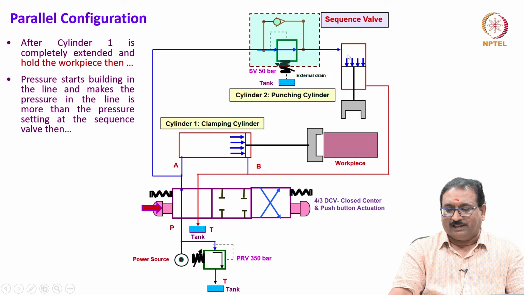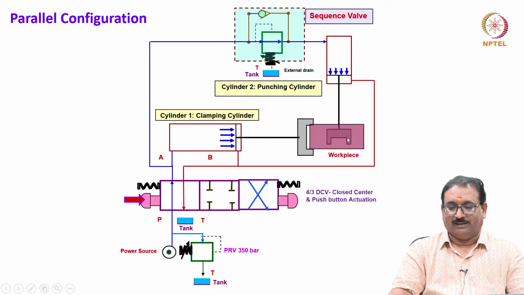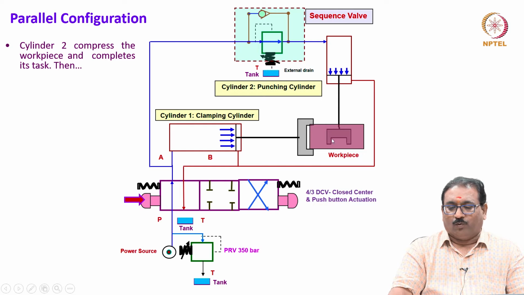Then what happens, friends? Cylinder 2 starts moving downward to punch the workpiece. See here, it starts moving down. Cylinder 2 compresses the workpiece and completes its task.